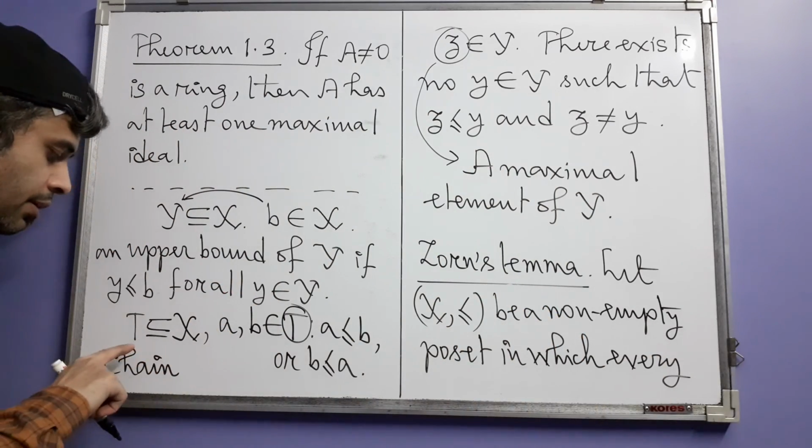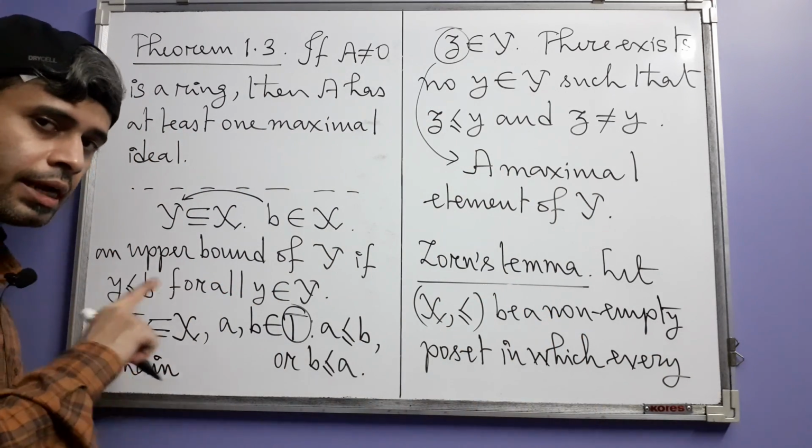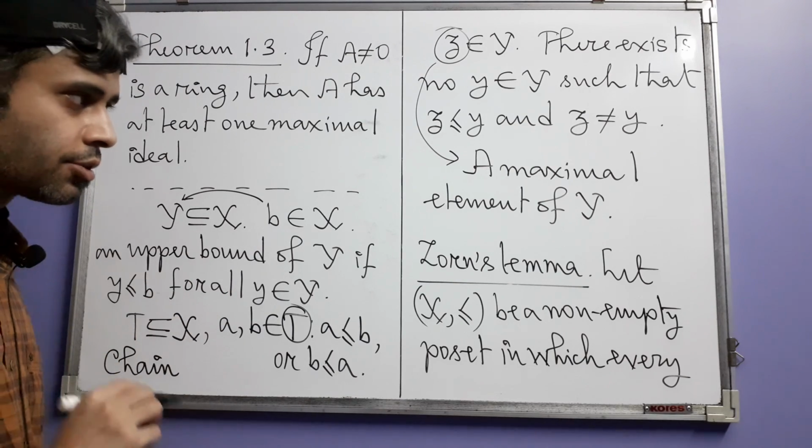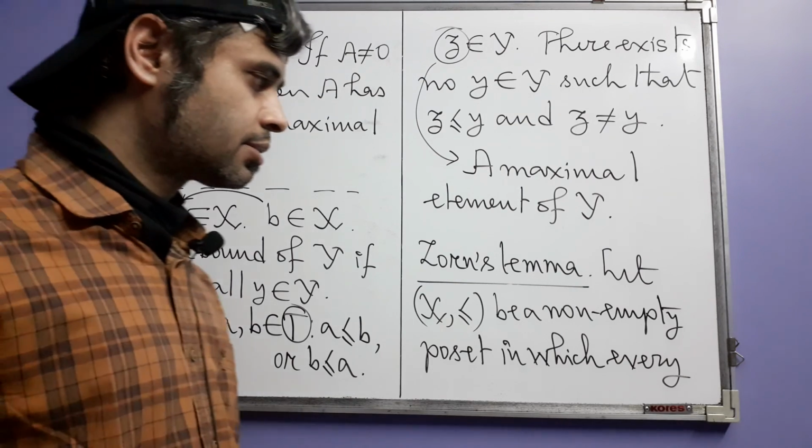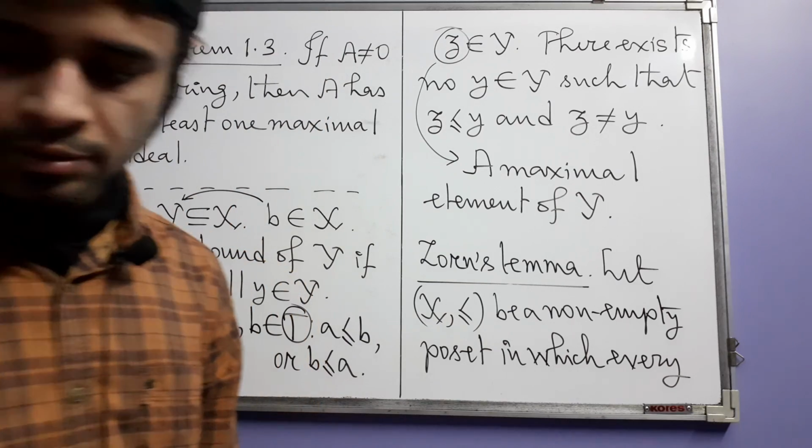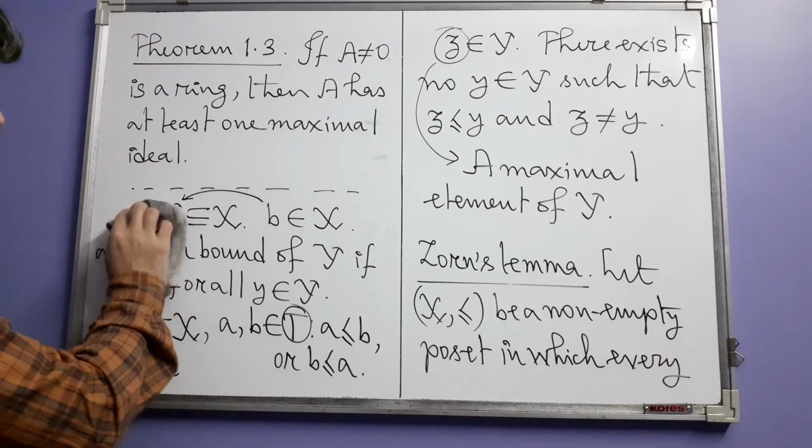every chain, every totally ordered subset, has an upper bound. It's not necessary that all chains must have an upper bound in just about every partially ordered set.